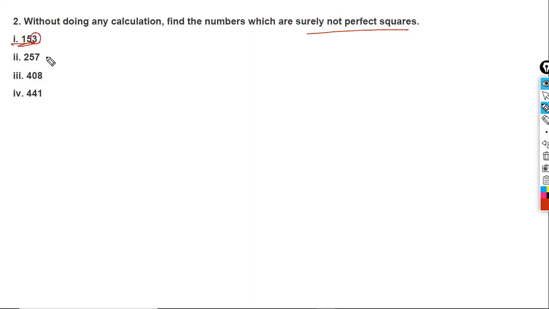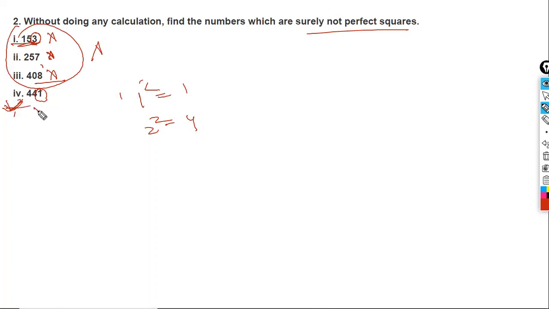Now the unit place of any square number cannot be 3, because you just found that for the square of any one-digit number, none was ending with 3, so this will not be a square number. 7, again it cannot be, there is no 7 in squares of one-digit numbers. Now 8 was also, there is no 8, but 1 was there. So this number can be a square number, but these three numbers cannot be square numbers.